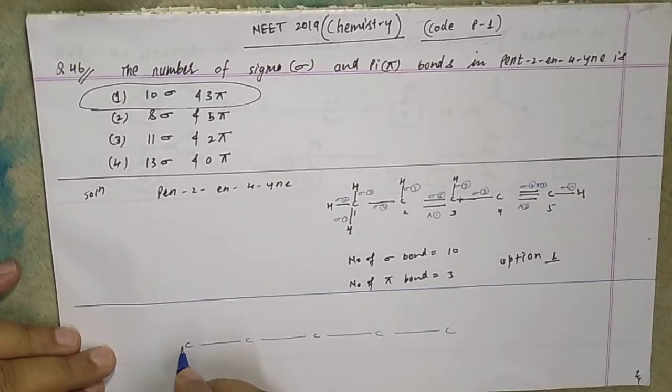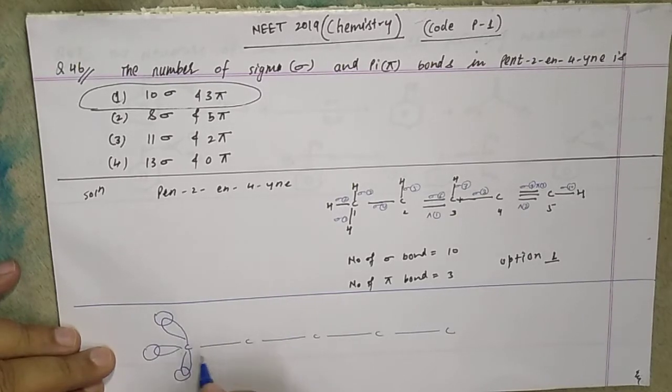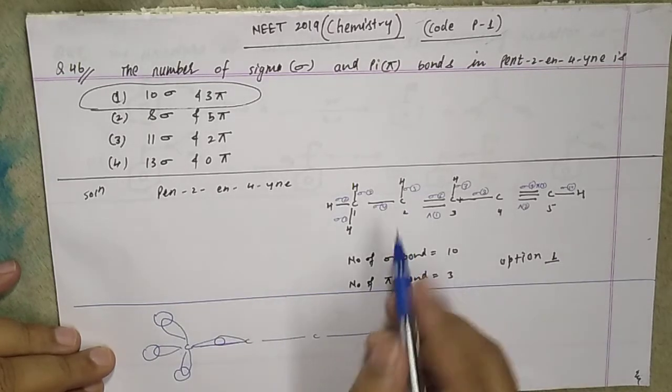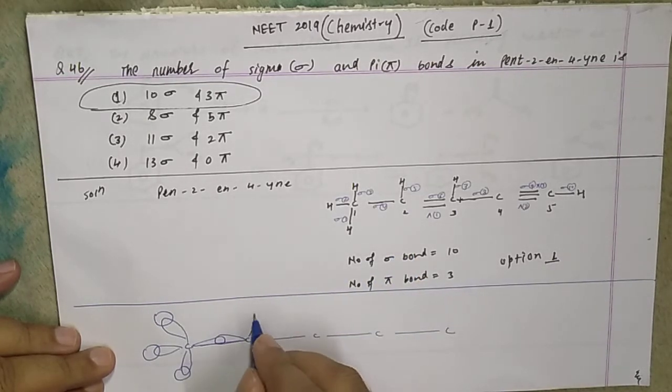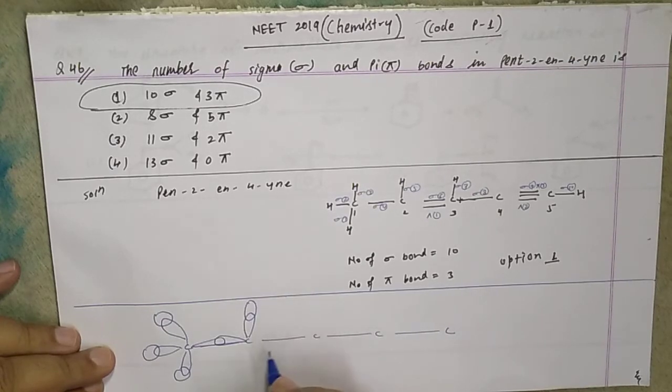How is a sigma bond formed? By head to head overlapping. So here I am writing. This is the hydrogen, and one sigma bond is the carbon bond, like this. With this carbon, how many hydrogen atoms are there? 1.